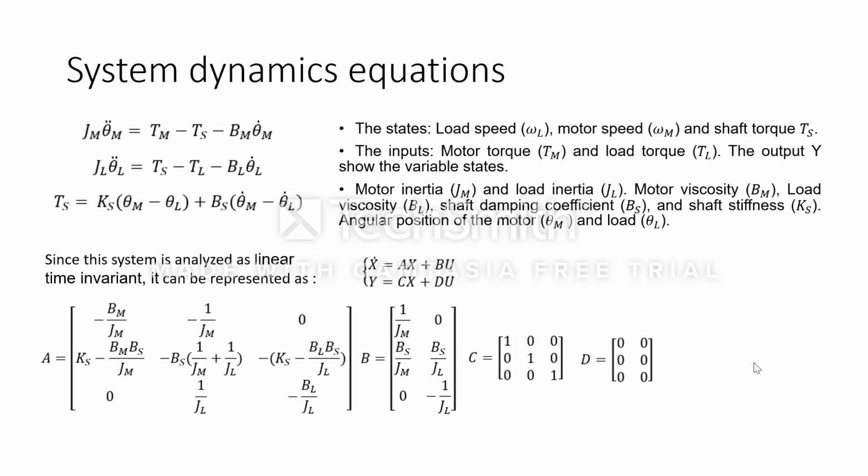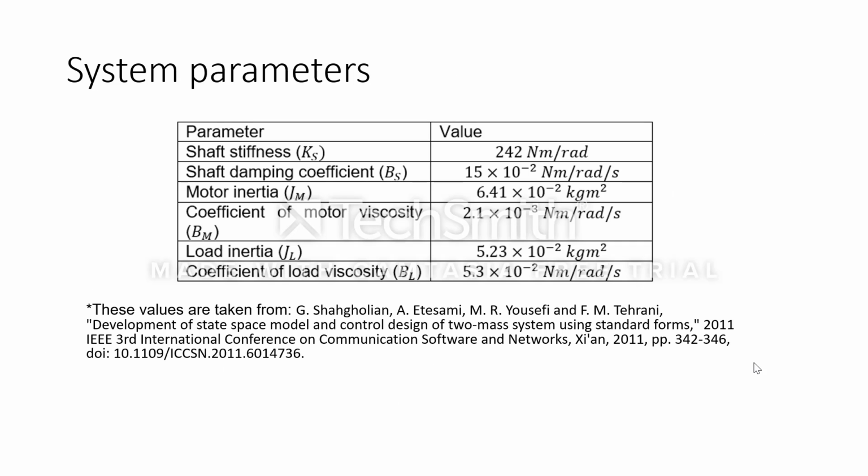Okay, now since this system is analyzed as a linear time invariant, it can also be represented in a state space. By doing so, we can obtain the matrices of the system, which can make these calculations much simpler.